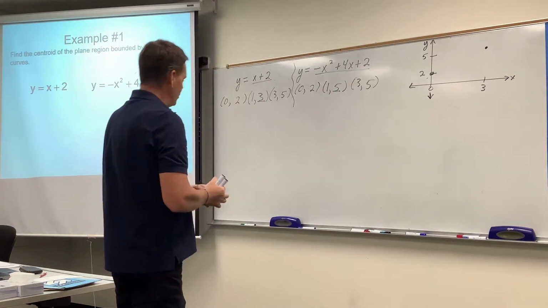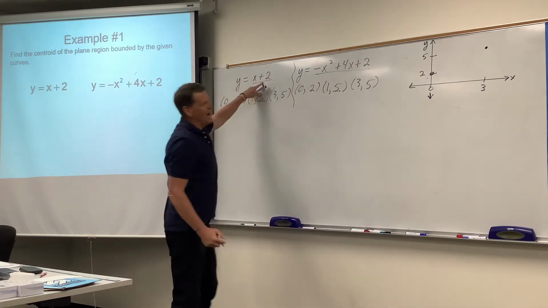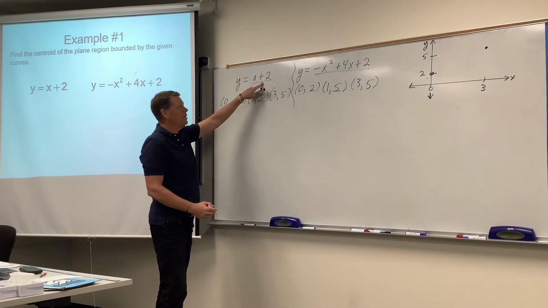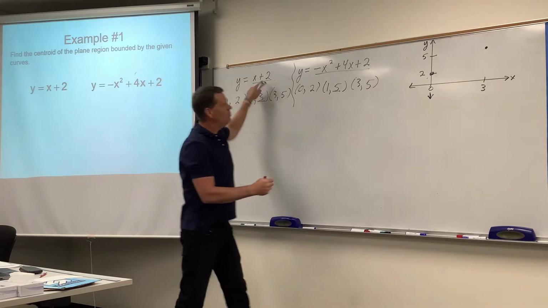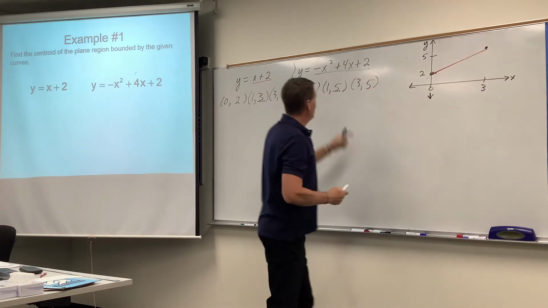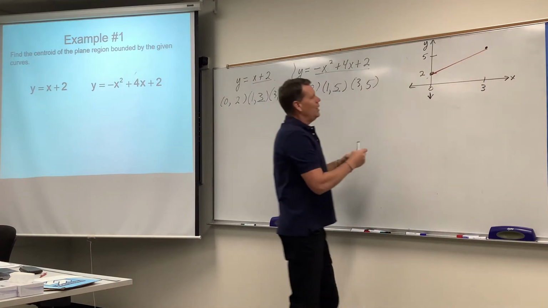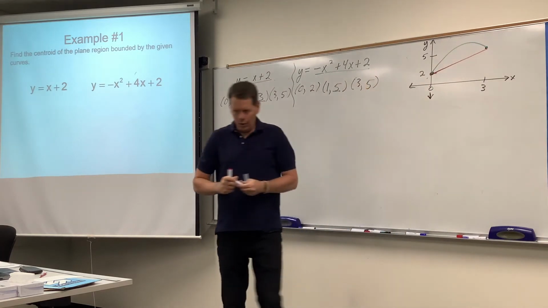So a rough picture of this would be, and look, that's a line, y equals mx plus b, but you could curve it all you want, I don't care, but we'll be quasi-accurate here, that's a line. And then wouldn't this be a parabola that opens downward? But the main point is to get a picture of upper and lower.